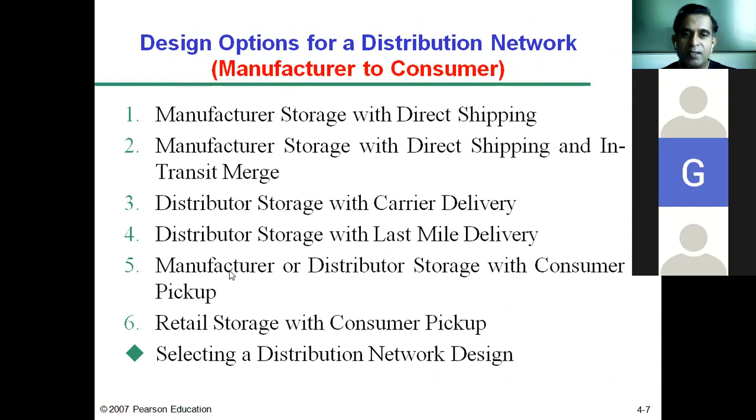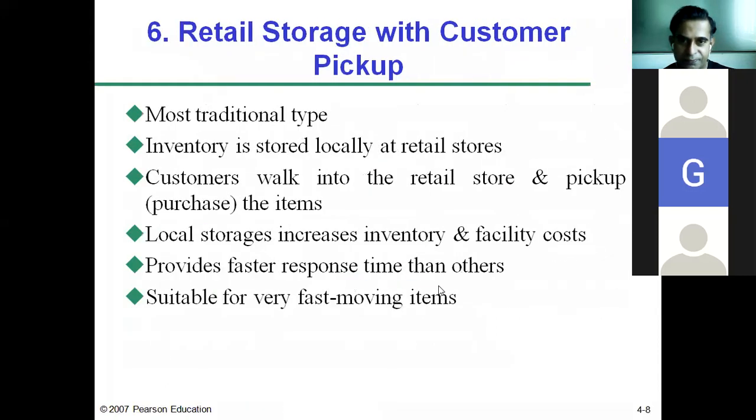The remaining part is the last type of distribution network, manufacturer or distributor storage with consumer pickup, and how to select a distribution network design. Let me go directly to the last type.